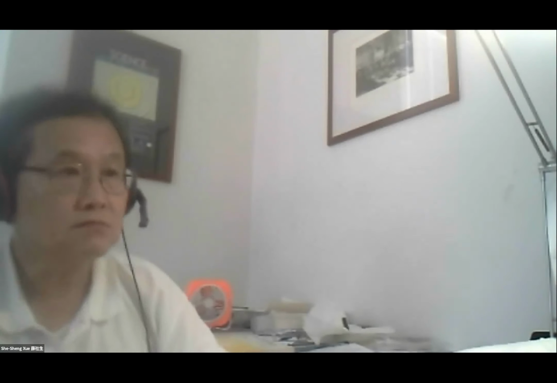Ah, yes, I received it. This is not working because there is an exclamation mark on share screen. It seems that there is a problem. I don't know why.